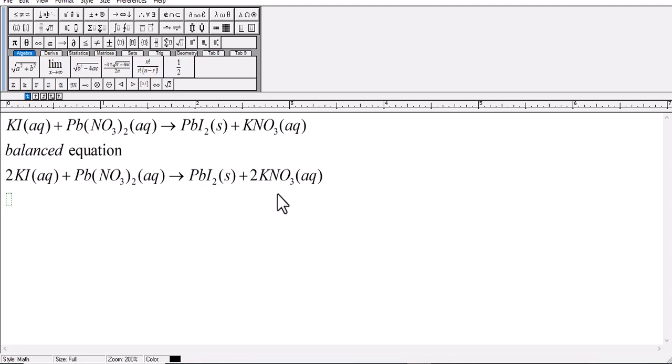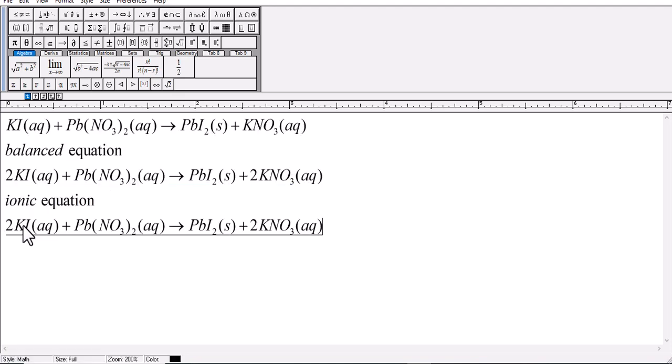Right, so now I want to write an ionic equation or reaction. So I'm going to copy a balanced one. Remember, we need to do this from a balanced chemical equation and then write an ionic one. So what I'm going to do there, I'm going to say 2K. Remember, it has a valency of 1.